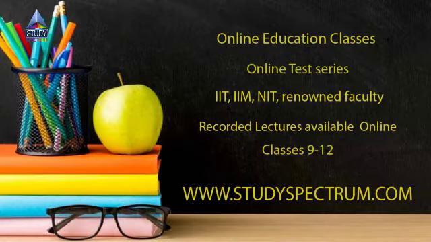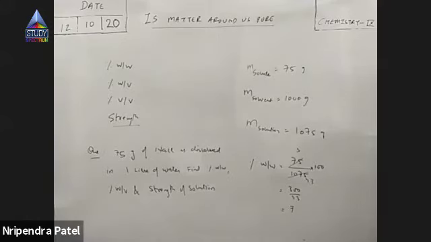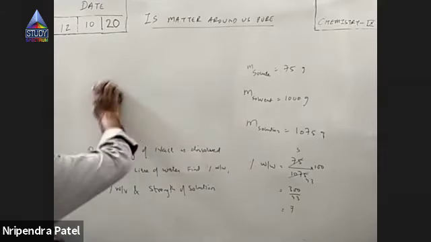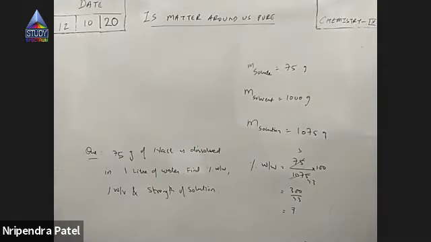Right. Now, percent W by V. What is percent W by V? Percent W by V means the amount of solute in grams present per 100 milliliter of solution.